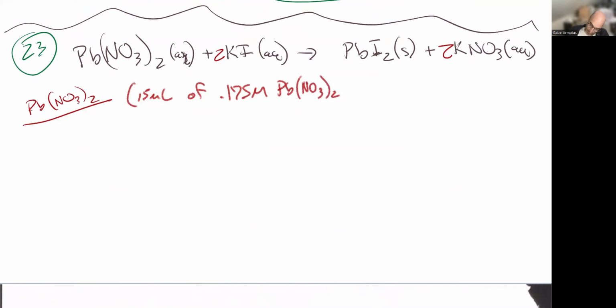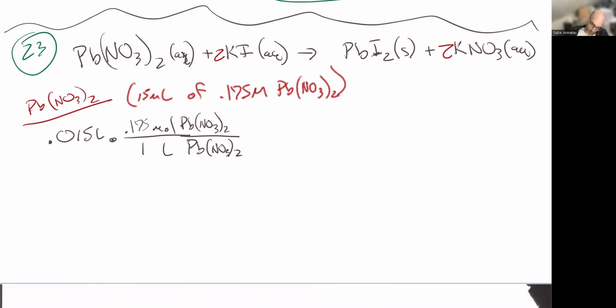I'm sorry, these are going to be pretty long just because these are complicated problems. So I always want to start with liters, because we are going to be multiplying by a unit of moles per liter. In this case, this is of lead nitrate. I always want to keep track of the chemical. I know it's extra writing, but it will make sure that we don't make any mistakes.